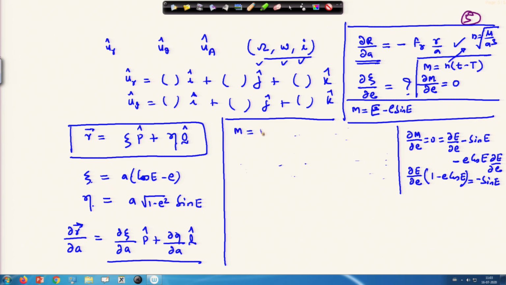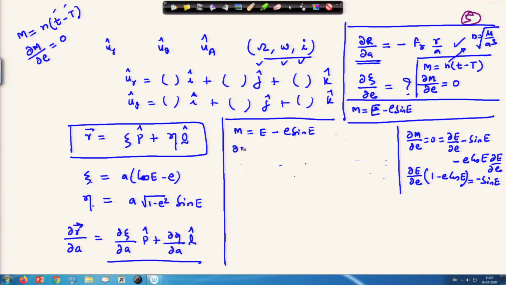So M we have chosen as M = E − e sin E, and because M is a function of the mean angular velocity and t, and we are differentiating this with respect to e, this quantity will be 0, because these are not functions of e. So the left hand side we have set to 0, and then work with the rest of the things.